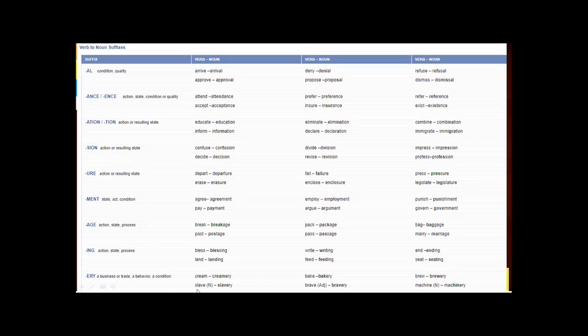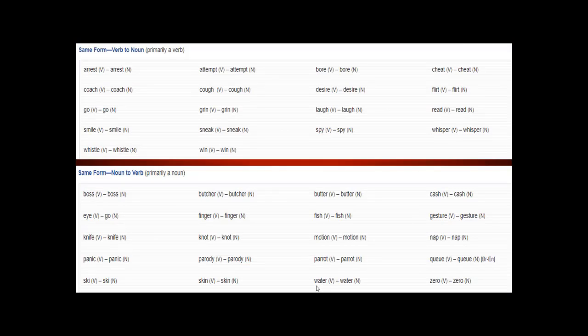The ERY, slave, slavery, bake, bakery, brave, bravery. But note that brave is an adjective. Left to remind you that many nouns have the same form as the verb.